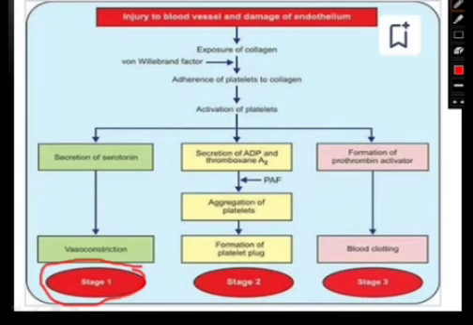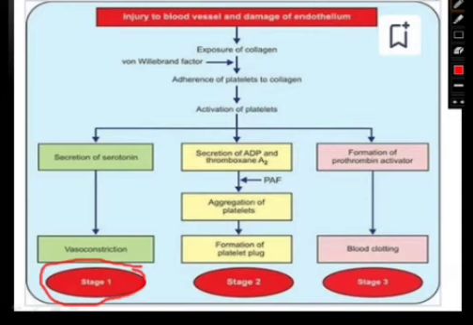Let me put it in a very simple way for you to understand. Muscles contract, but blood vessels constrict. Sometimes you observe that students use contraction for blood vessels.